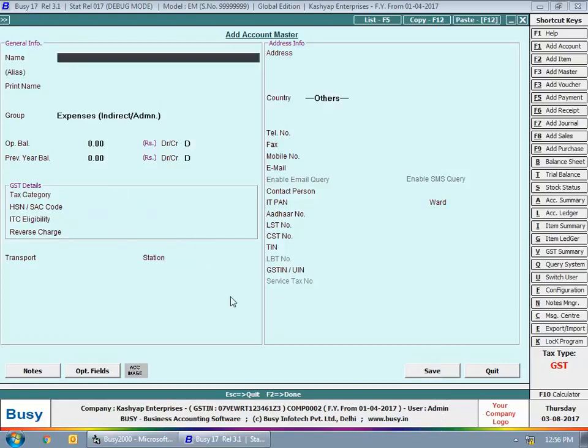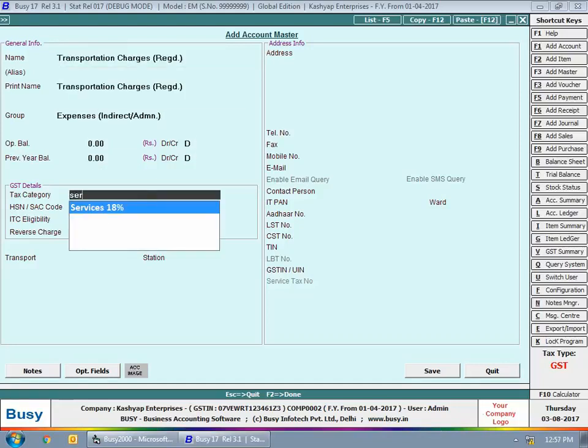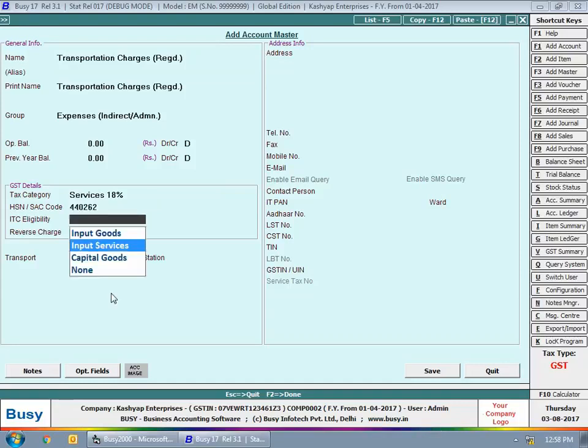Next, we will create an account for transportation charges registered. Here one important point I'd like to tell you is that in case of transportation services and legal services, you need to deposit RCM to the government even if you have taken the services from a registered dealer. So here is the case of taking transportation services from a registered dealer. In this case, ITC eligibility is input services.